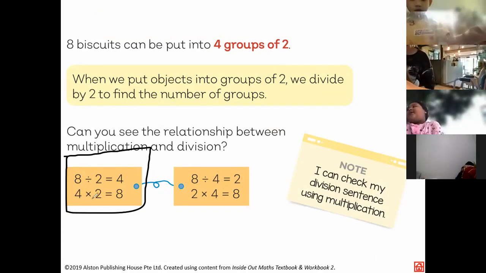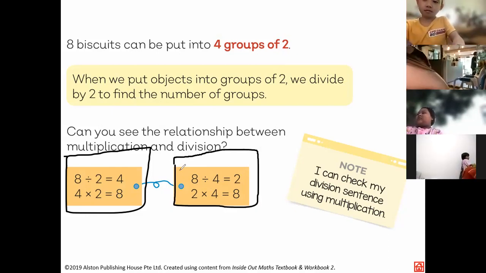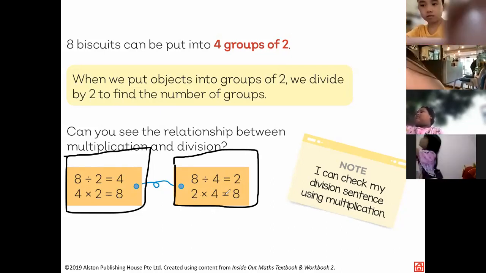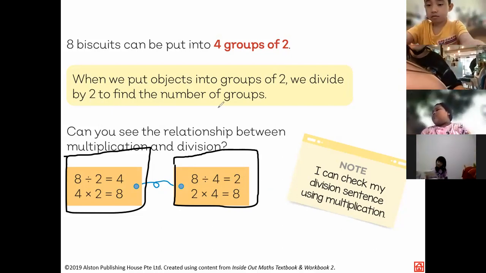So 4 times 2 equals 8. Or we can also do it like this, if you want to divide by 4. So 8 divided by 4, that's 2. And then 2 times 4 equals 8. So 8 biscuits can be put into 4 groups of 2.